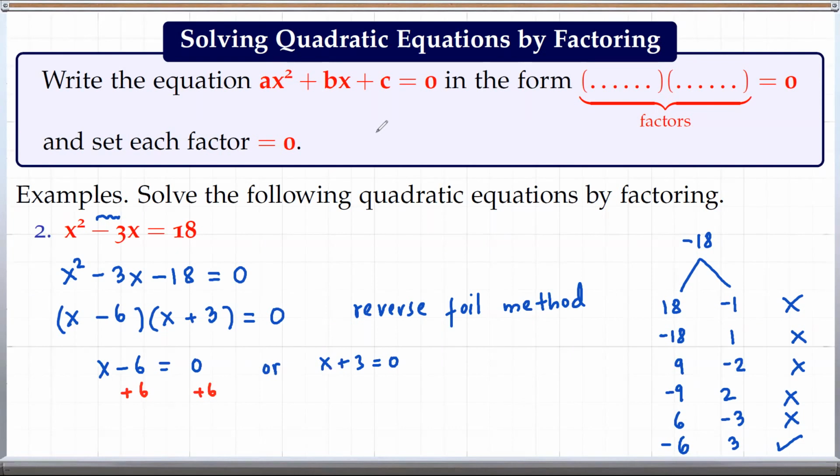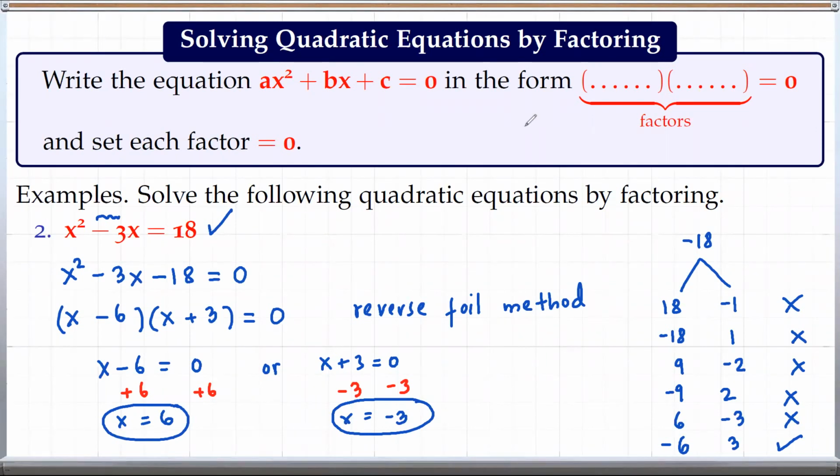Over here, you get x equals 6 and subtract 3 from both sides here. You get x equals negative 3. So we have these two solutions, 6 and negative 3. So those are the possible values of x that satisfy this equation. So we are done with this example.